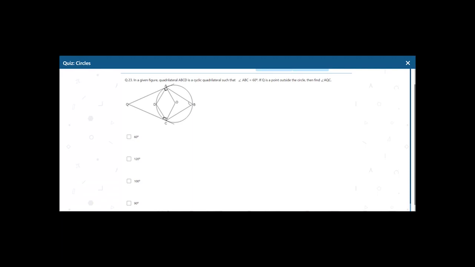Now QAO is 90, QCO is 90. Why are we saying it is 90? Tangents are making the angle. The tangent at the point of contact with the radius will make a right angle.